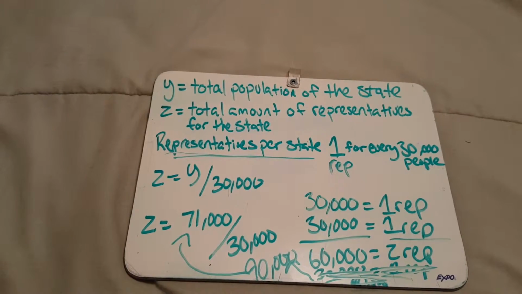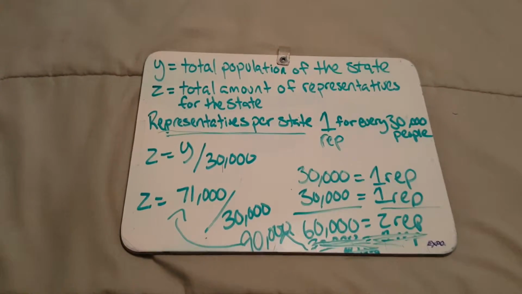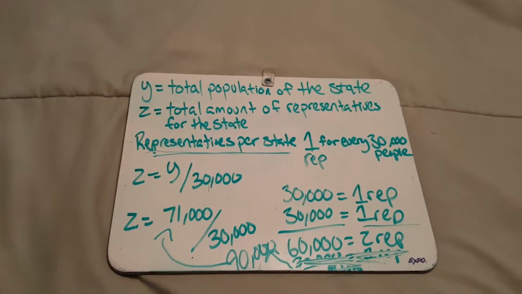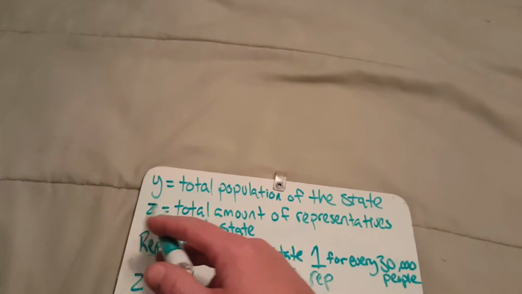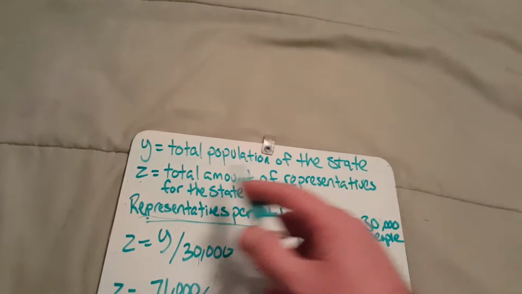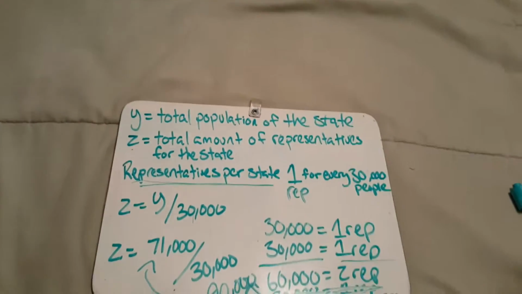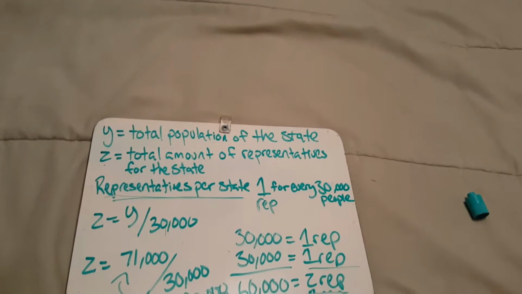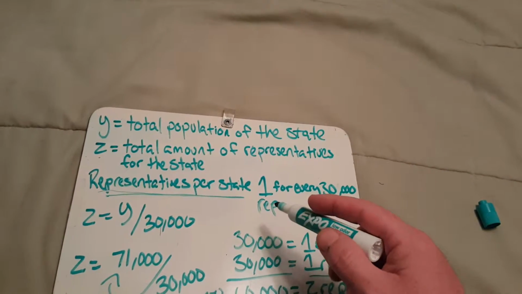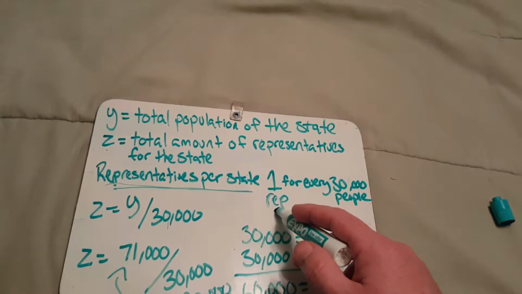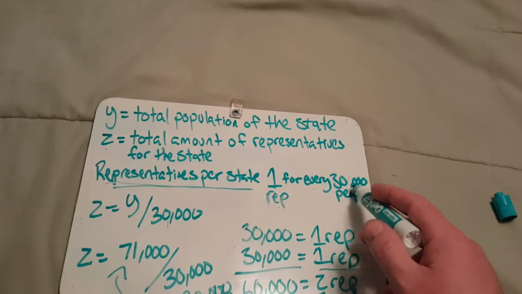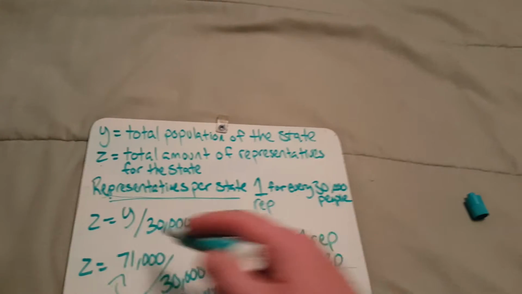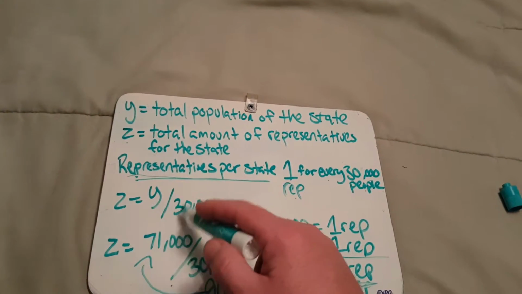Okay? All right. So, let's just go back again and talk about it one more time. We are trying to find out Z, the total amount of representatives for the state. The state that we're using is Georgia. Now, at the Constitutional Convention, they decided that each state can send one representative for every 30,000 people. Okay? The equation for that is Z equals Y over 30,000.